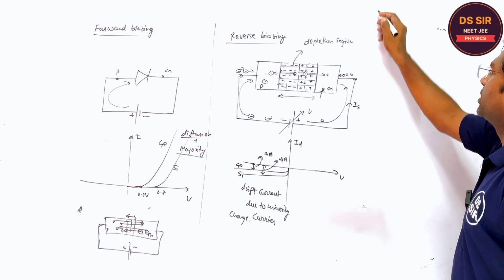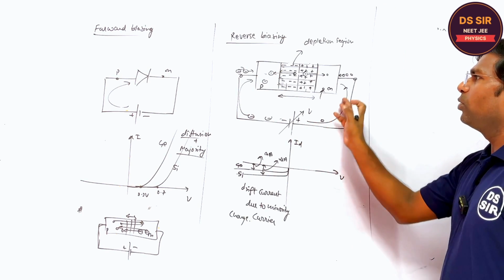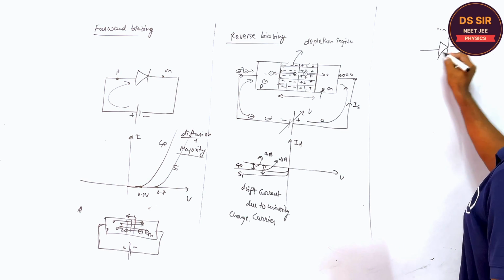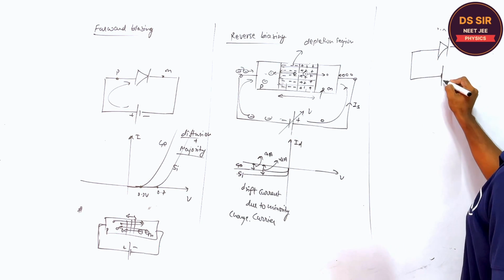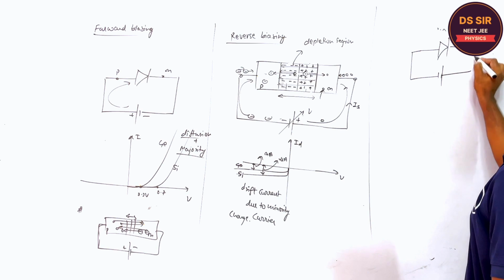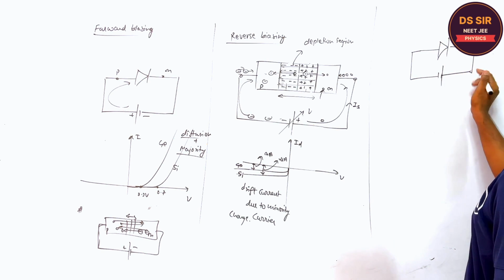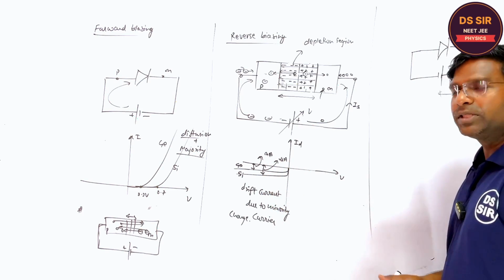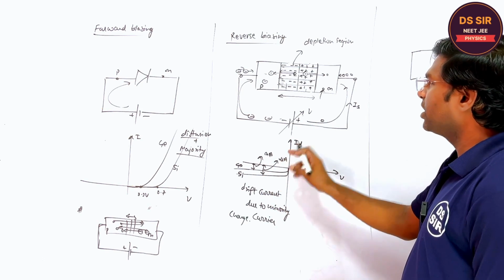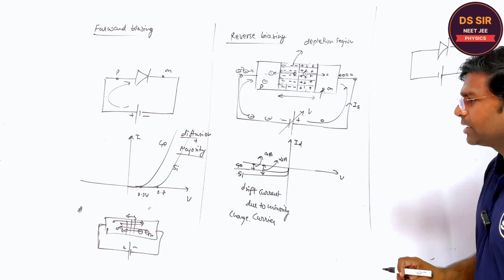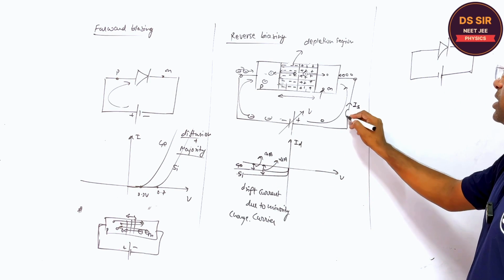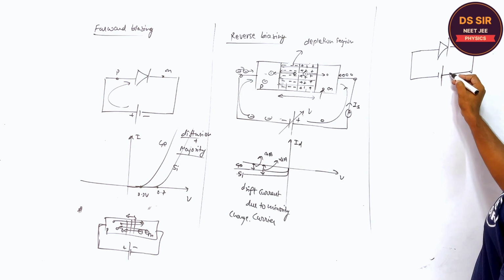Listen one thing, this current flows in this direction, right? If you consider this the diode and you connect the battery in this way, the current is very small, because the minority charge carriers are present in very small numbers, so it is of the order of nanoampere and microampere.